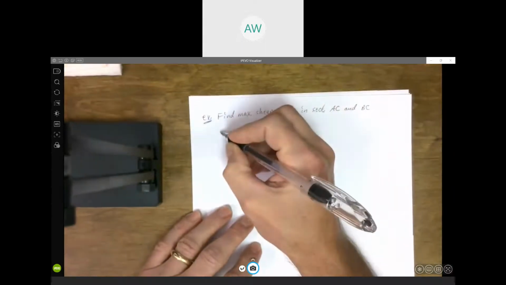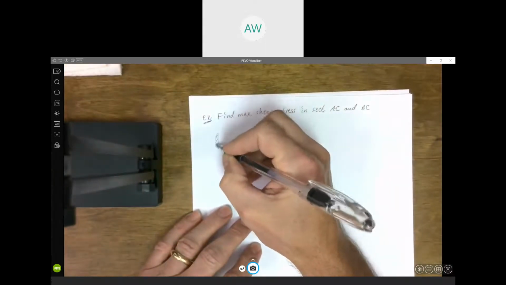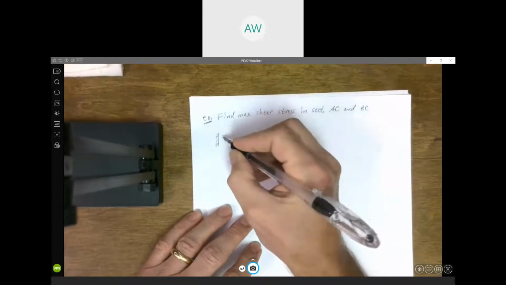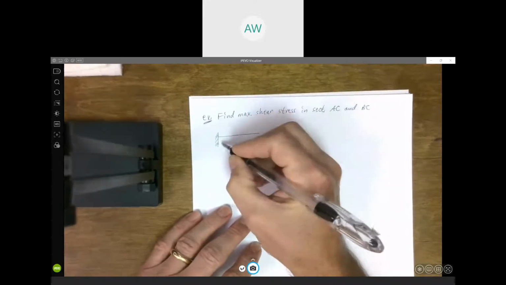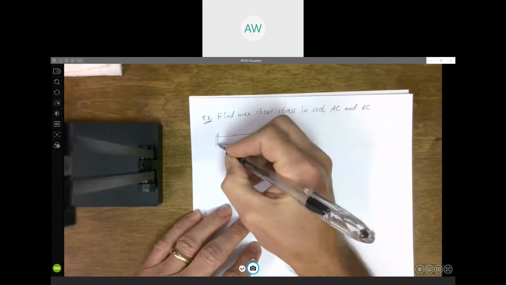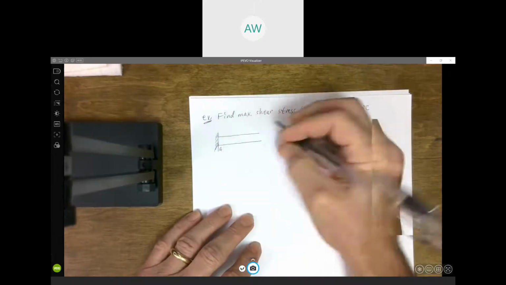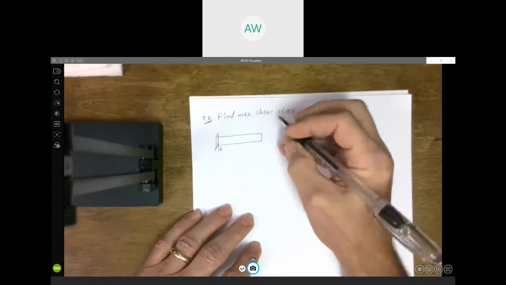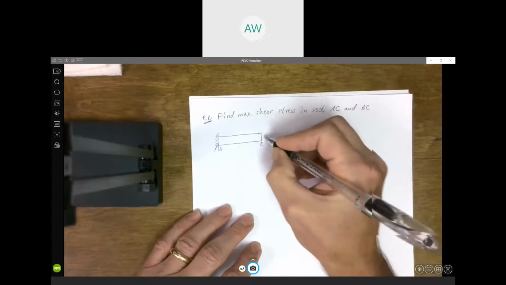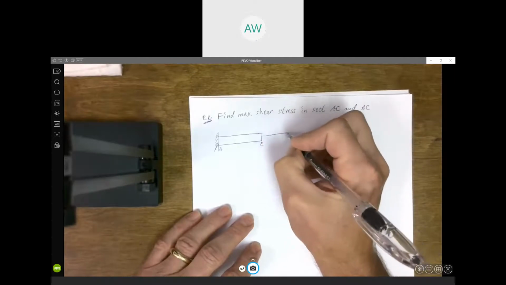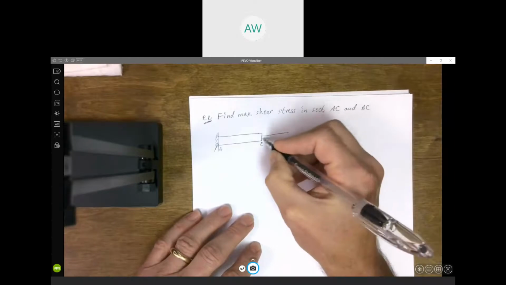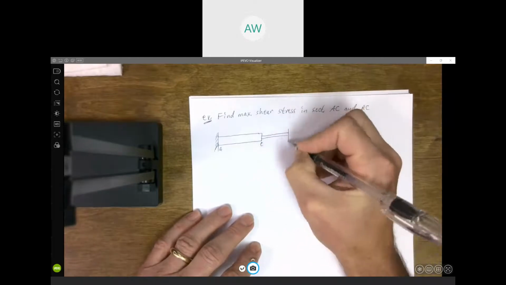So we have a problem similar to what we were just looking at. This part of the shaft is longer than this side.